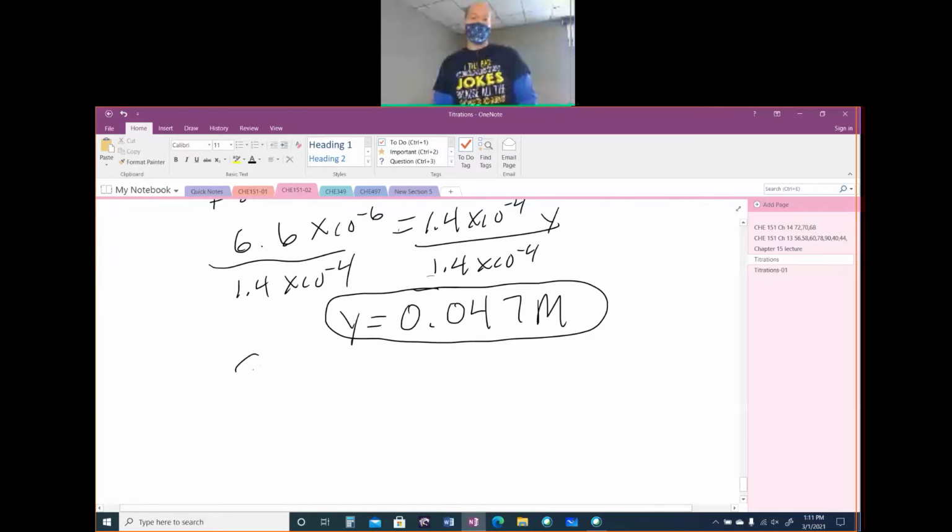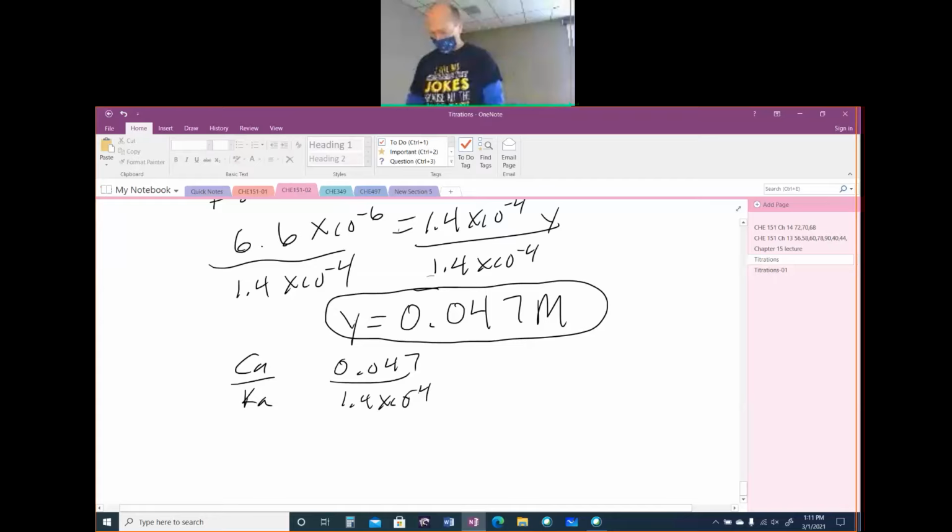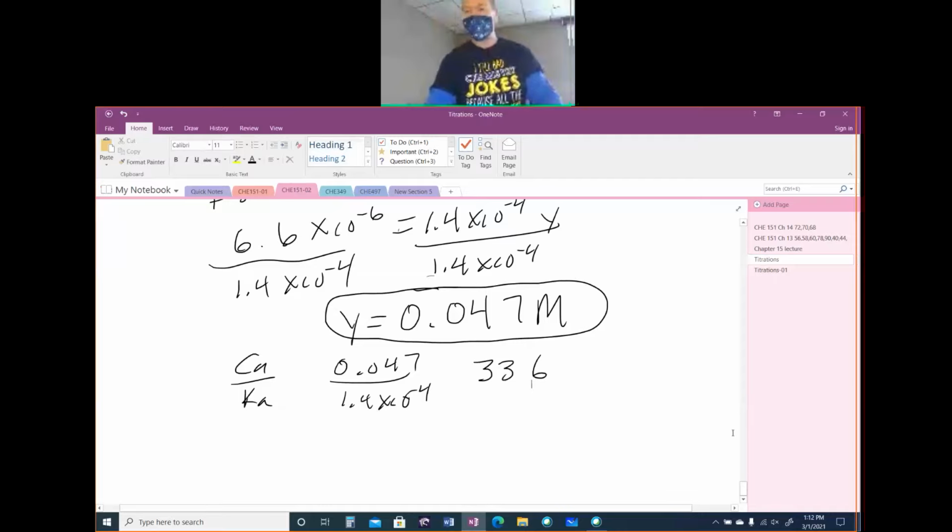And so our initial concentration of A over Ka, so our 0.047 that we calculated, over the 1.4 times 10 to the minus 4 that they gave us for Ka, gives us 336. So no, if you would not have put it into the y minus x, you would have gotten a slightly different answer, which again, if it's multiple choice, you're probably close enough to get the right answer, but if it's work out the problem, you did not do it correctly.